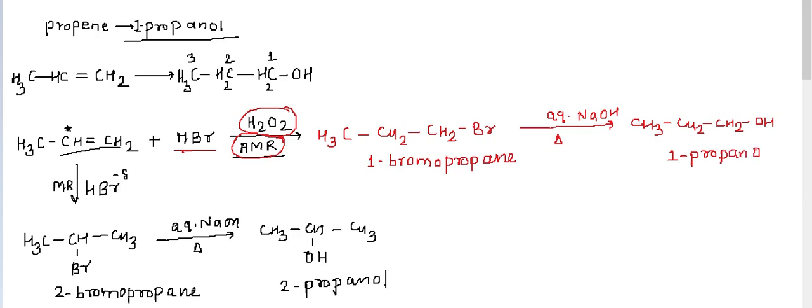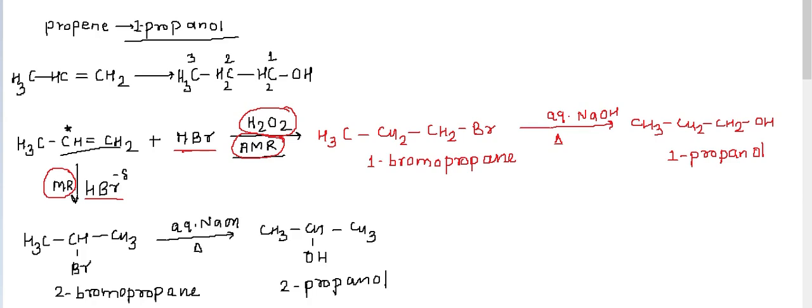So we have to understand the difference. If we add HBr to propene, propene is an unsymmetrical alkene. We are adding an unsymmetrical reagent to an unsymmetrical alkene, so addition will be according to Markovnikov's rule. Then we get 2-bromopropane, and on aqueous alkali hydrolysis we get 2-propanol. But this is not the desired product.